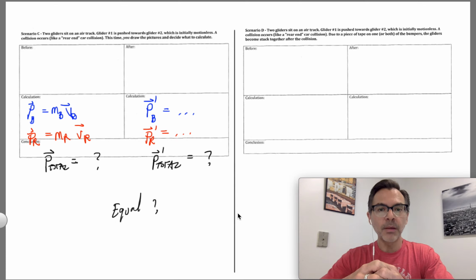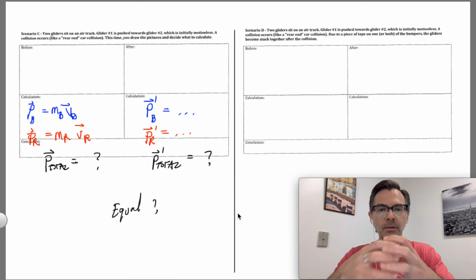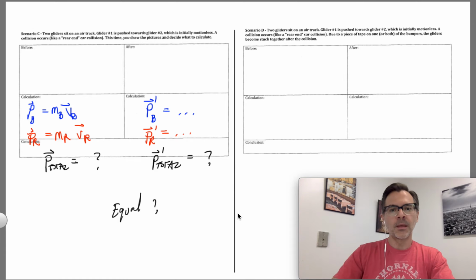Let's think about something microscopic. Maybe it could be an atom and another atom, or two molecules coming together and joining to form a larger molecule. So there are some pretty cool applications here that physicists really do use when they're looking into momentum and how it applies.